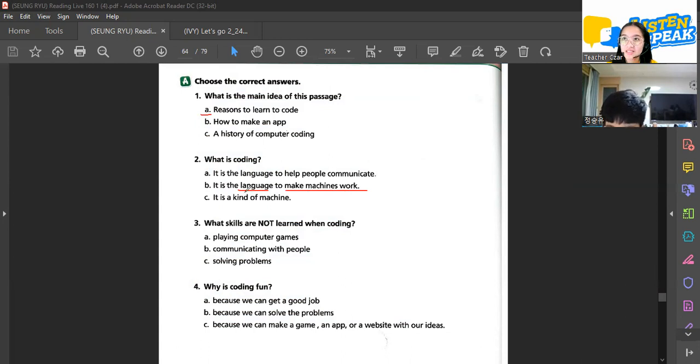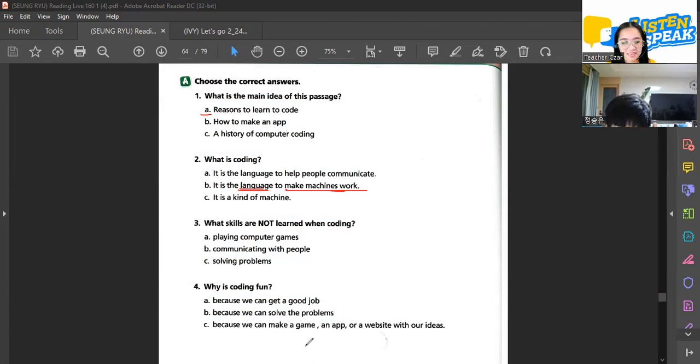Because code is those information in computer programming. So it is also a language to make machines work, like phones, computers, airplanes, and more. Okay, let's have number 3.